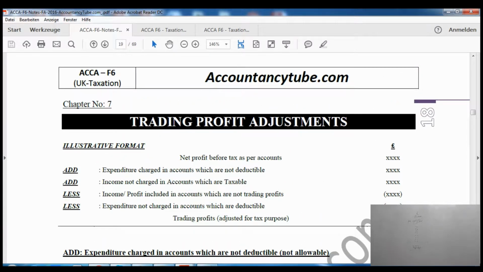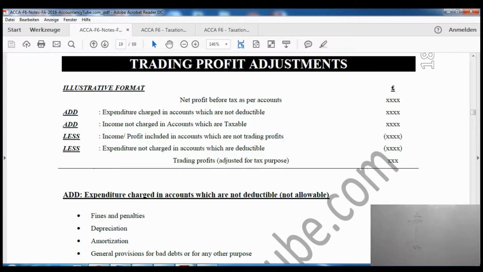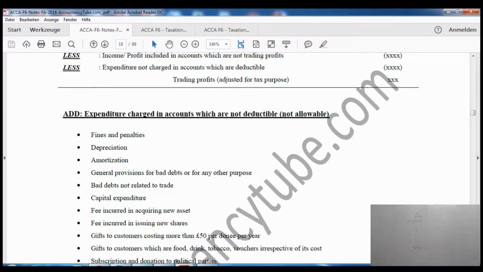Now a couple of things we have to deduct. The first one is income included in the accounts which is not trading profits. A few things are included here, some sources of income, like for example capital gains or any capital asset sold. HMRC says these are not trading profits, and these need to be deducted out of this total.